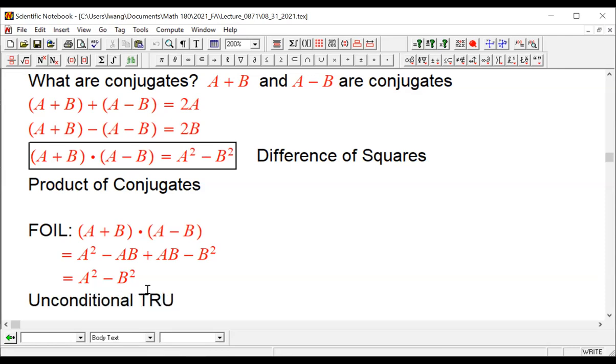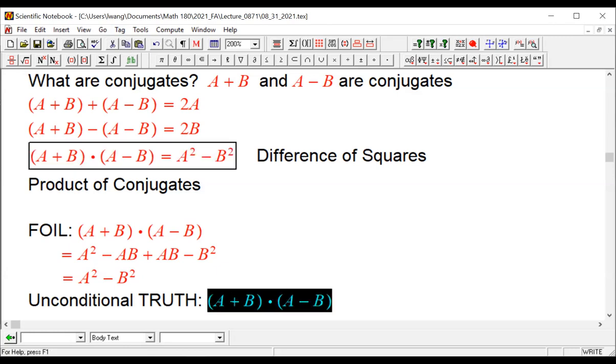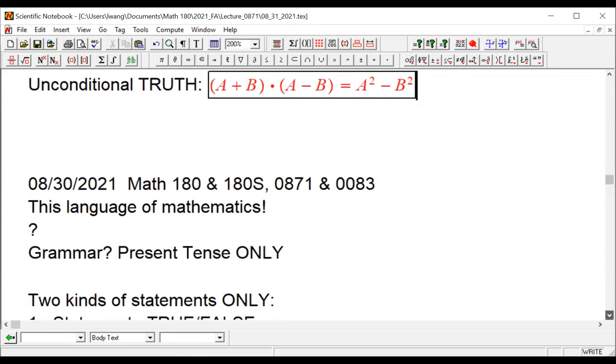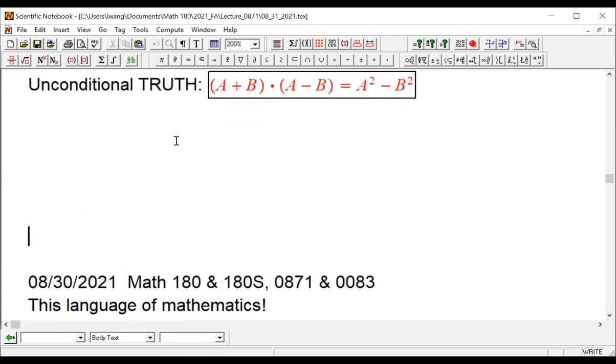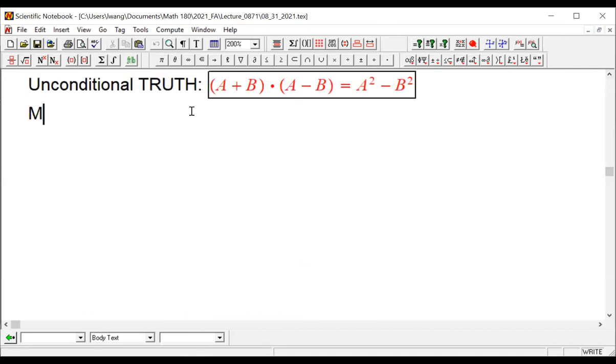What does it say? This unconditional truth says, okay, I'm going to put this over here. I'm going to explain to you what it means.